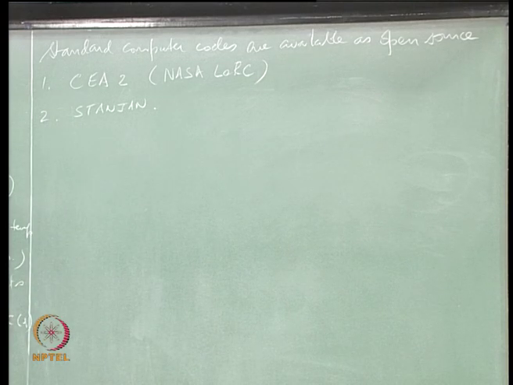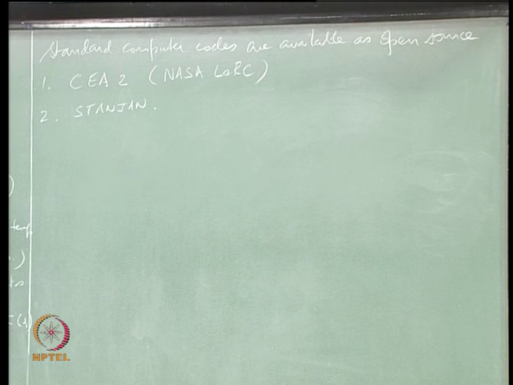So there are actually many more codes than this available. You can look up, but I want to point out one thing about CEA2. It not only gives you things like the adiabatic flame temperature, it also gives you other things like, for example, transport properties of the product mixture.